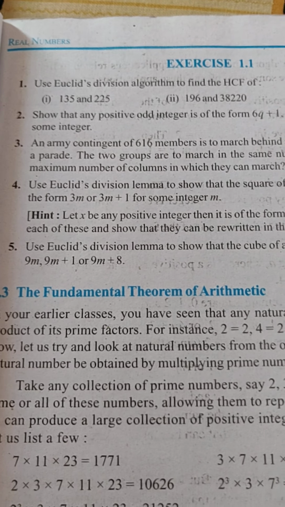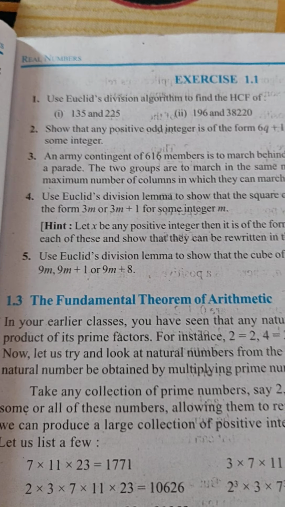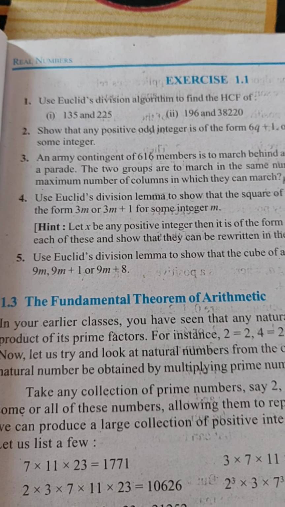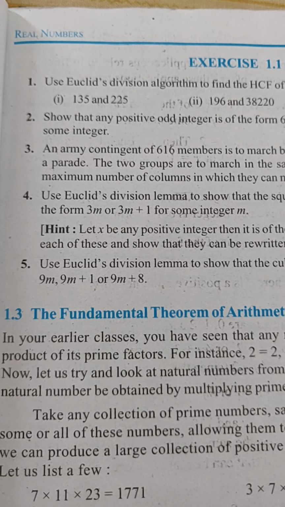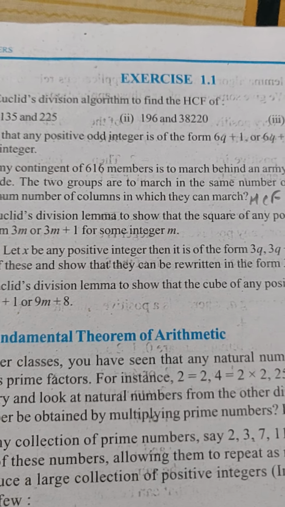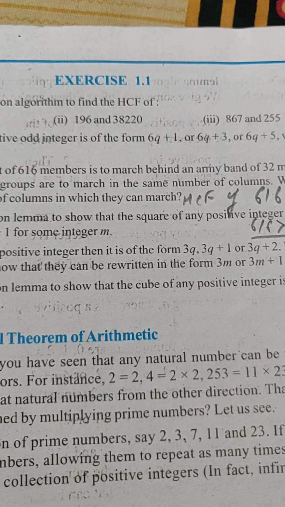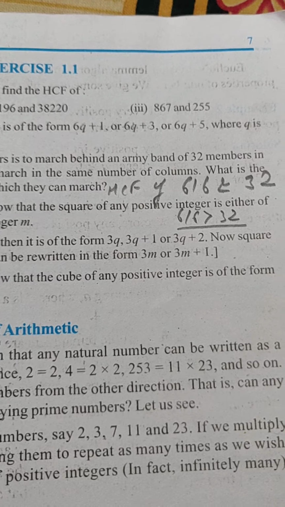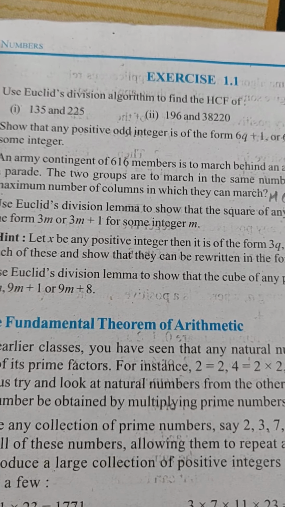Alright, so we have done question number 1 and question number 3. Now leaving question number 2, 4 and 5, we are doing them now. Now we are doing question number 2. Show that any positive odd integer is of the form 6q + 1 or 6q + 3 or 6q + 5, where q is some integer.